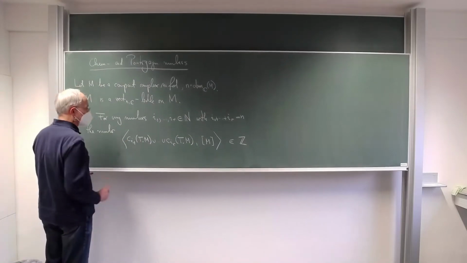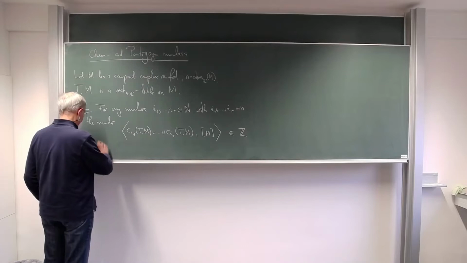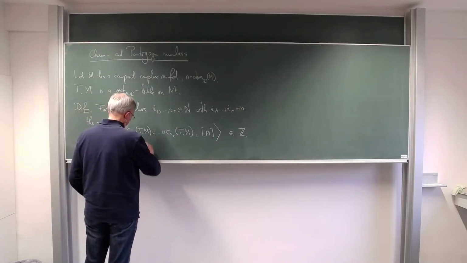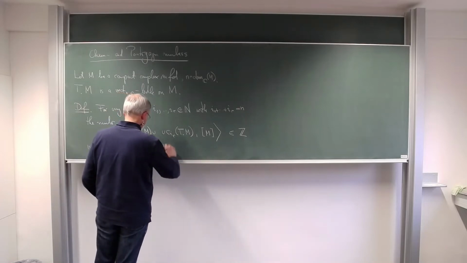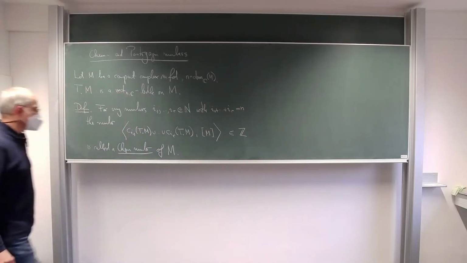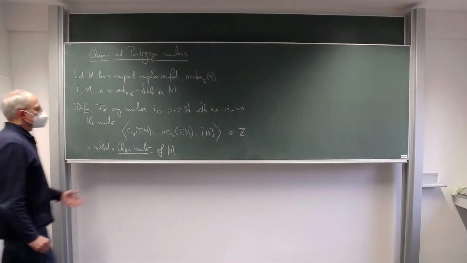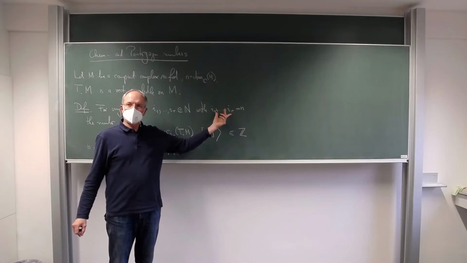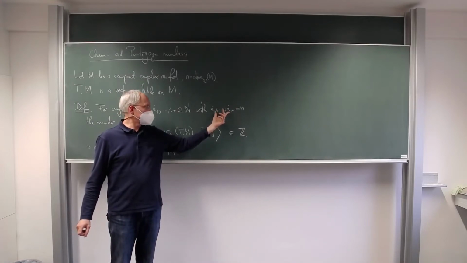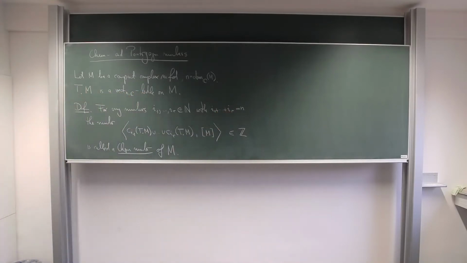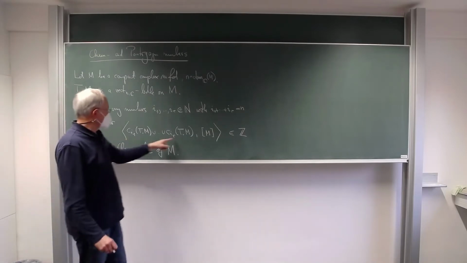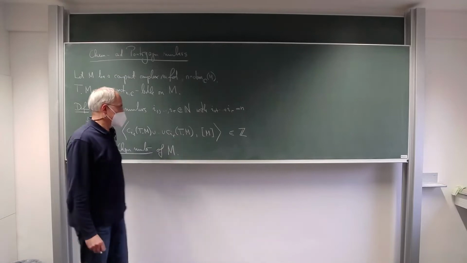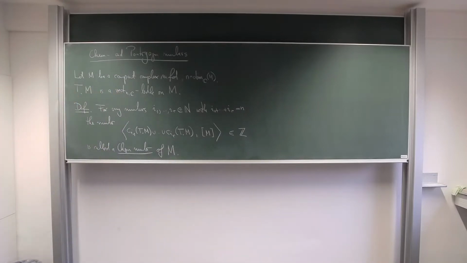Such a number is called a Chern number of M. So I split my dimension in all possible ways, write it as a sum of integers, so that the corresponding product of Chern classes gives me the right degree, and integrate them and get a number. These are the Chern numbers.